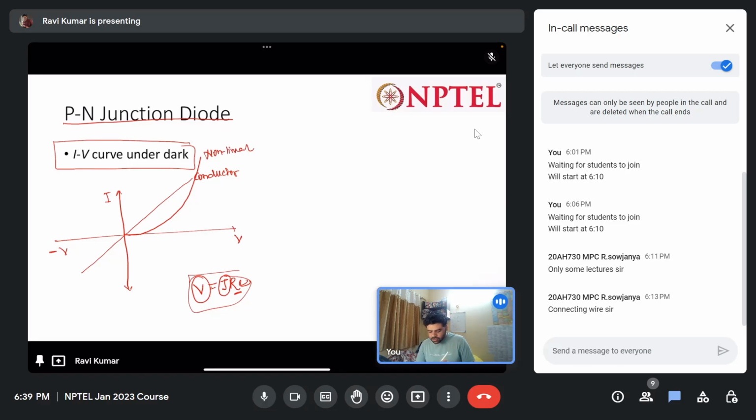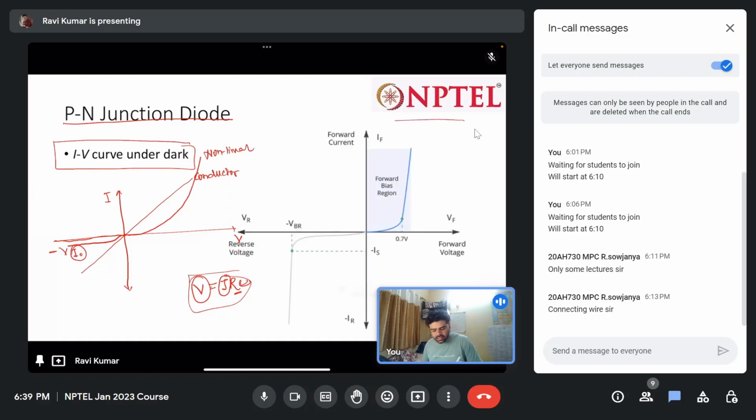Ideally, it should be zero. But practically, there is some current which is known as reverse saturation current. So this is the IV characteristics of a PN junction diode. This is the forward bias region and this is the reverse bias condition.